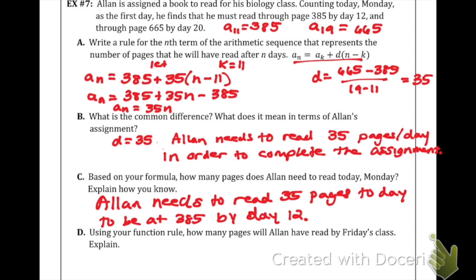So then using your function rule, how many pages will Alan have read by Friday's class? Okay, so today is Monday, Tuesday, Wednesday, Thursday, Friday. So he's doing 35 pages each day.